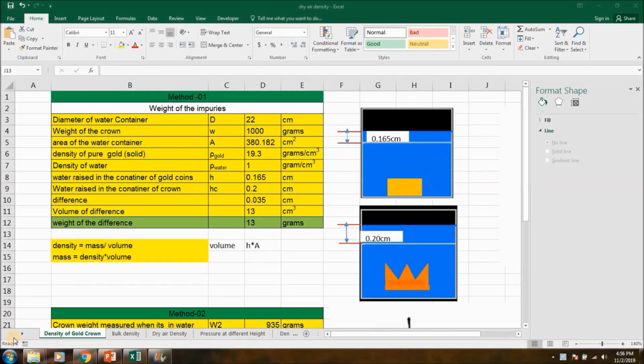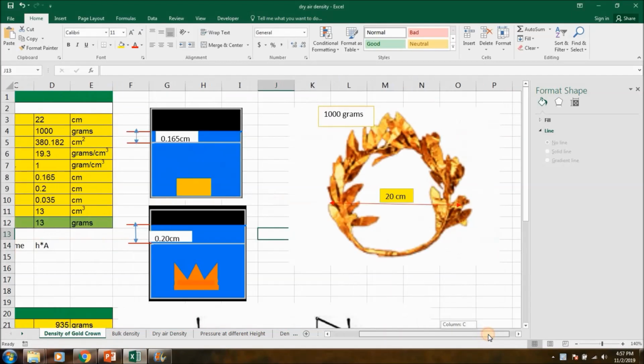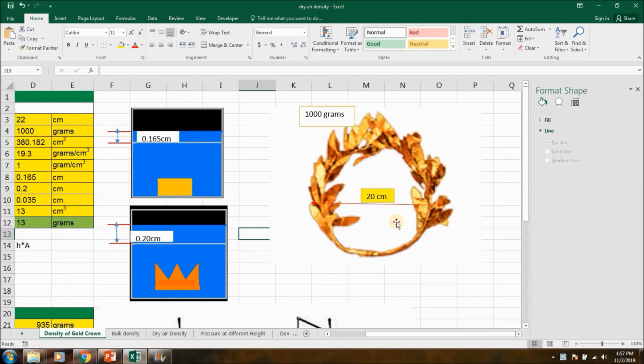Now we will start method 1 of weighing the impurities, or how much impurity was added in the crown. First we will measure the diameter of the container where we want to measure the gold or the crown. I took the diameter of the container as 22 centimeter, because the crown model is 20 centimeter in diameter.